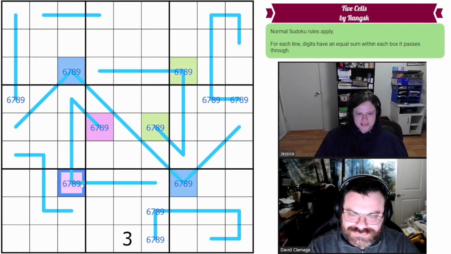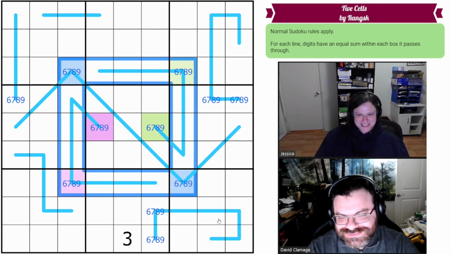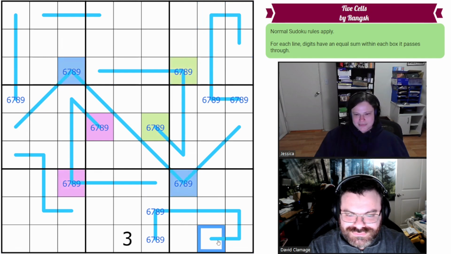Got this very suspicious pattern here in the middle, around the certain ring. A suspicious ring there? Suspicious ring, and there's a suspicious little shape over there too. I wonder. I don't like being stuck this early.